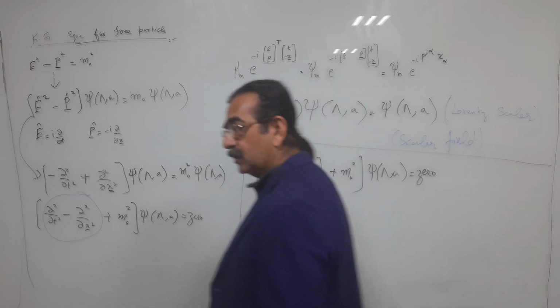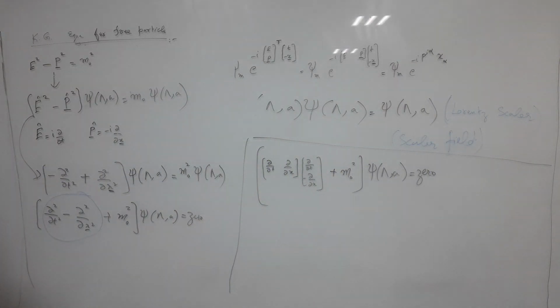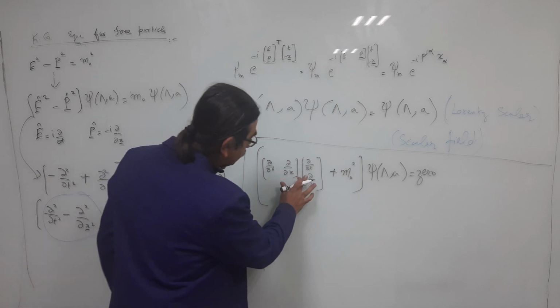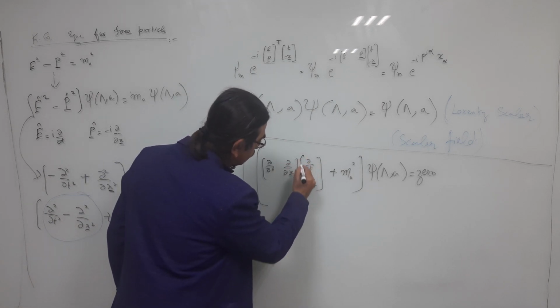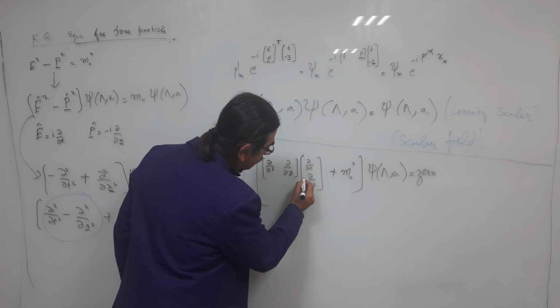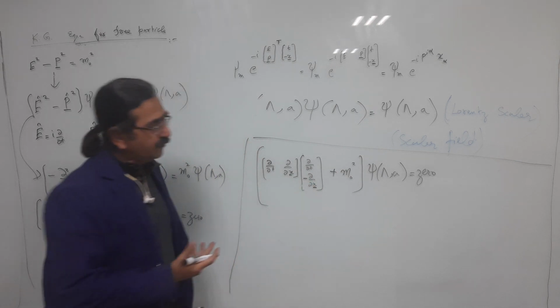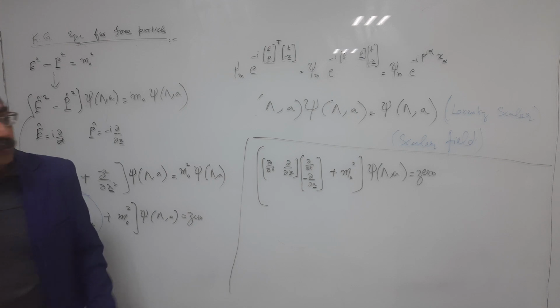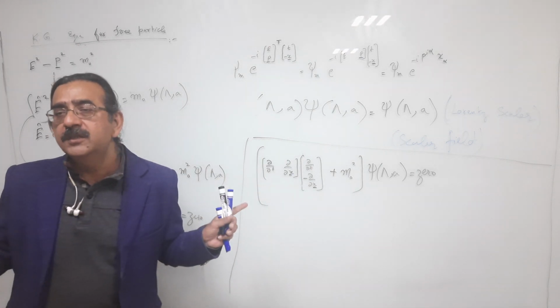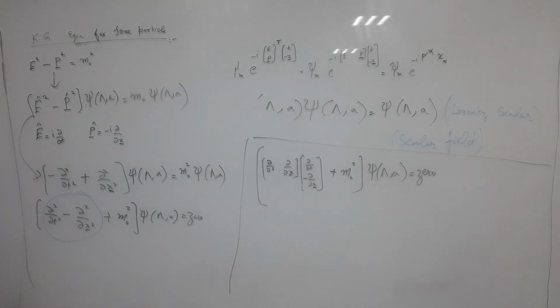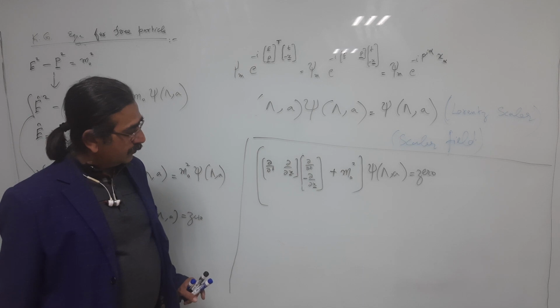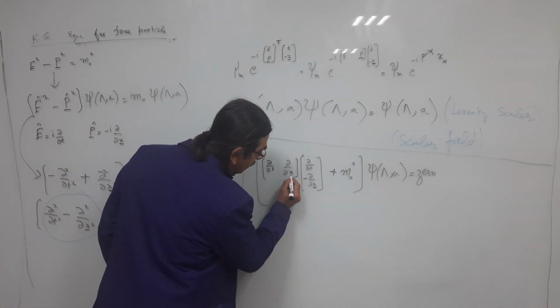This will be equal to this. One will be plus, one will be minus. It's up to you, you can write minus here or here. It's up to you.